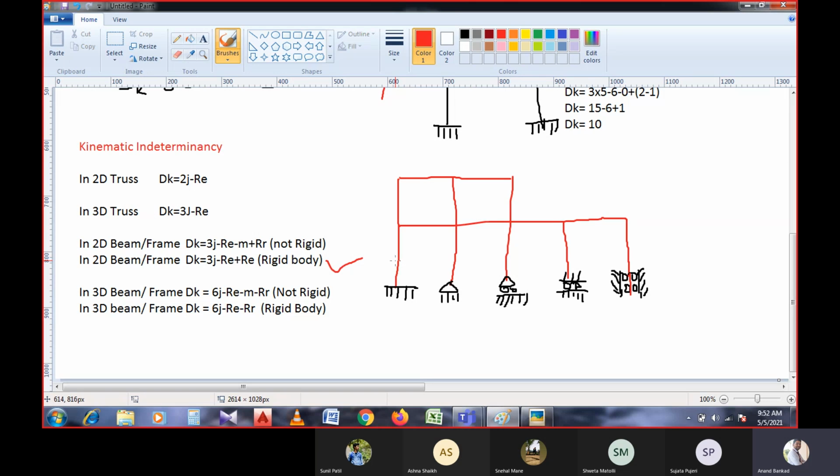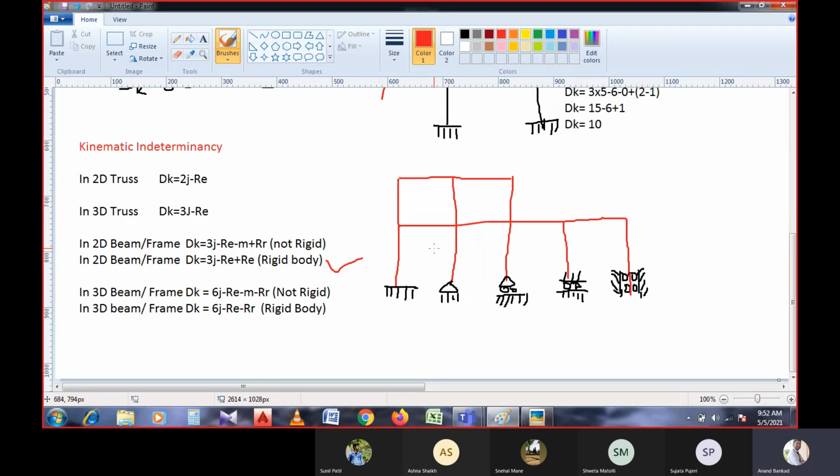And if in the question it is mentioned whether it is extensible or not rigid, or the axial deformations are considered, then only you have to consider the given statement. If it is not given anything, then you can directly consider it as a rigid body. Do remember that if any conditions are not given, you directly consider it as a rigid body. Then we have to calculate the kinematic indeterminacy of the structure.